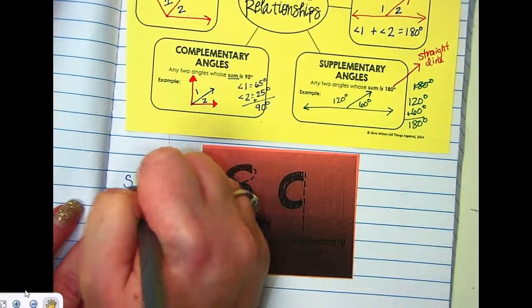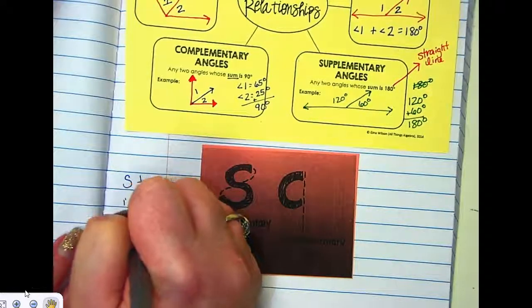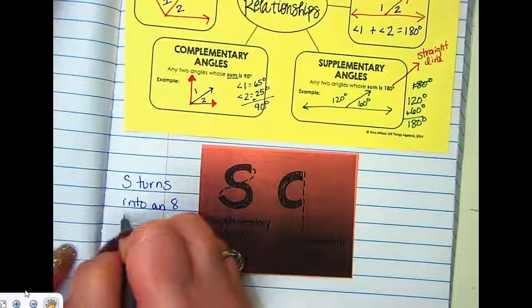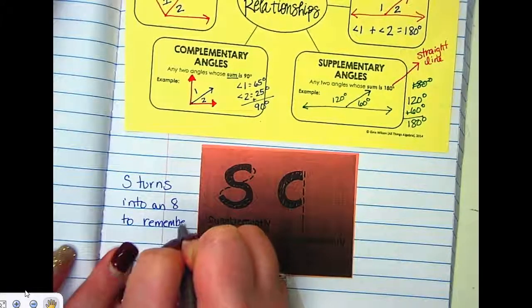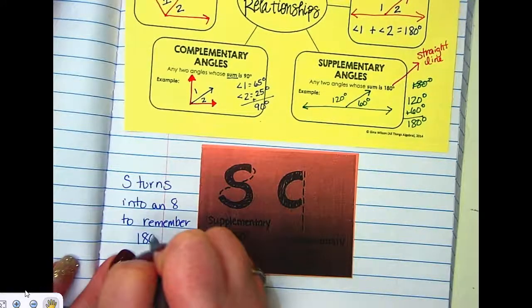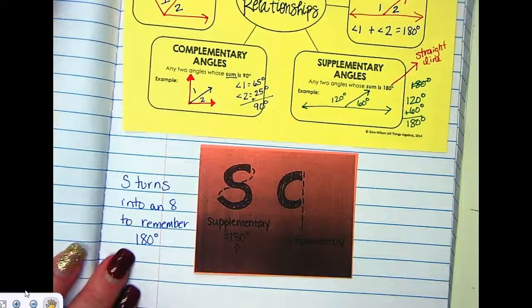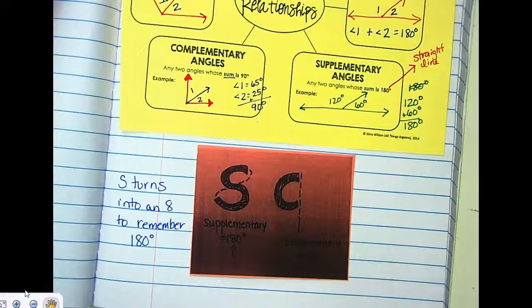The S turns into an 8 to remember 180 degrees. Nothing on a test is going to tell you that supplementary is 180 degrees. That is something that you need to learn in your memory right now.